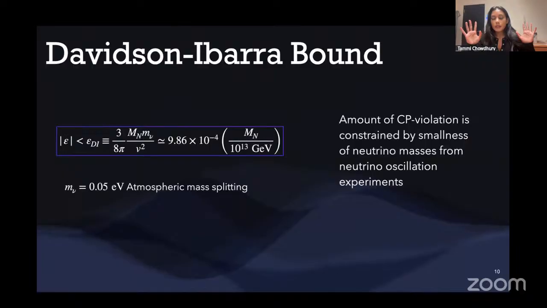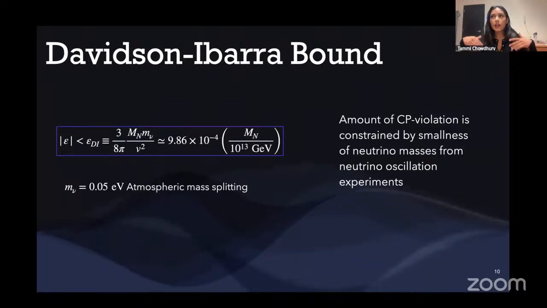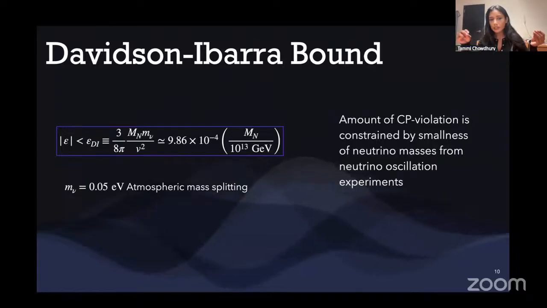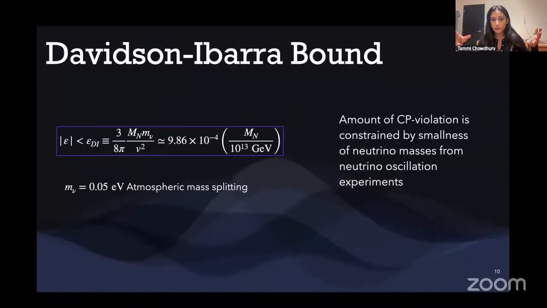Now, something to be vigilant about is also the Davidson-Ibarra bound. This is essentially telling us the limit on how much CP violation we can have in the system. This is constrained by the neutrino mass, or the atmospheric mass splitting of the neutrinos within the standard model, which is taken to be about 0.05 eV. And this is also a function of the mass of the new right-handed neutrinos.